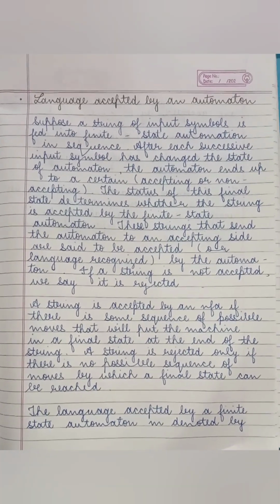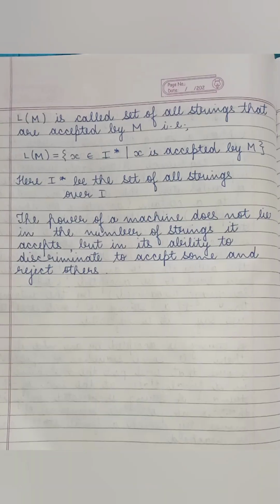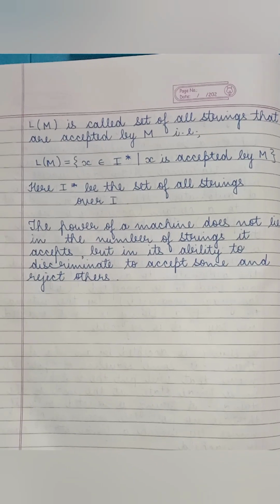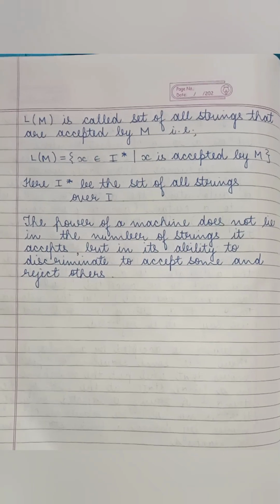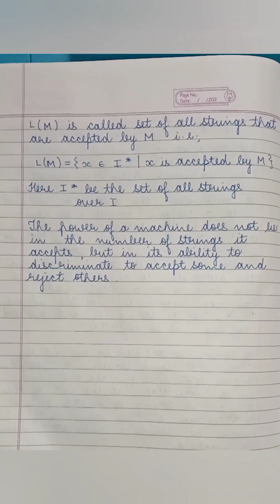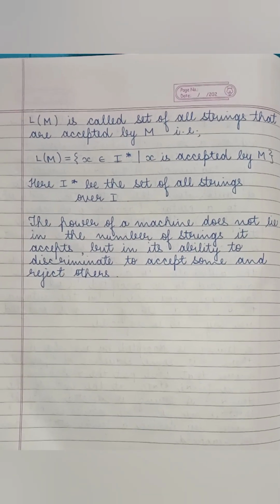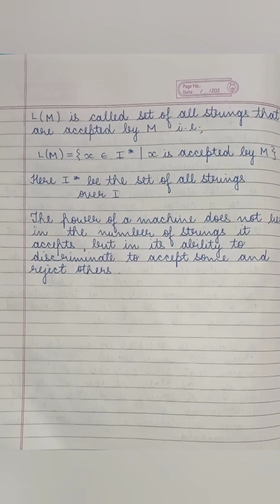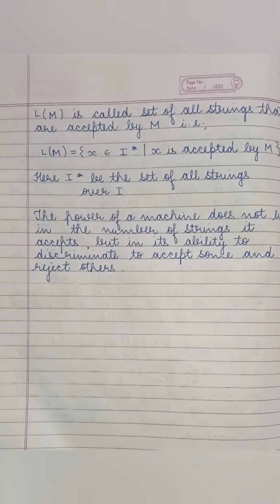The language accepted by a finite state automaton M, denoted by L(M), is the set of all strings that are accepted by M. That is, L(M) equals the set of x belonging to I* such that x is accepted by M. Here I* is the set of all strings over I. The power of a machine does not lie in the number of strings it accepts, but in its ability to discriminate, to accept some and reject others.